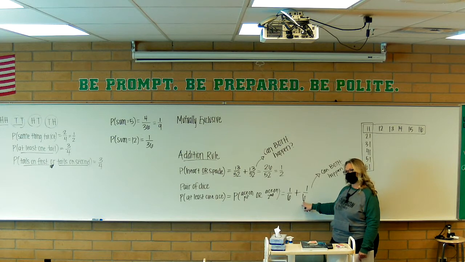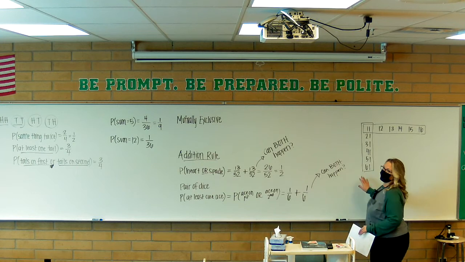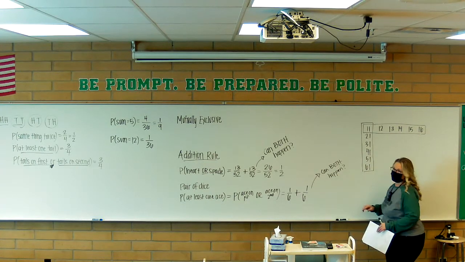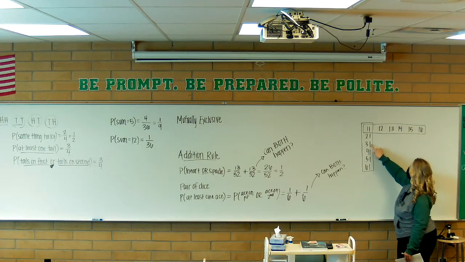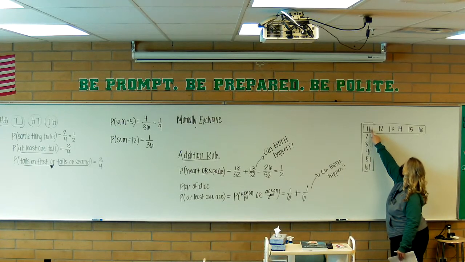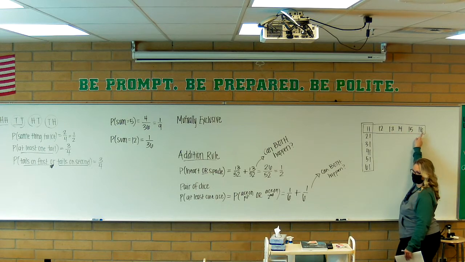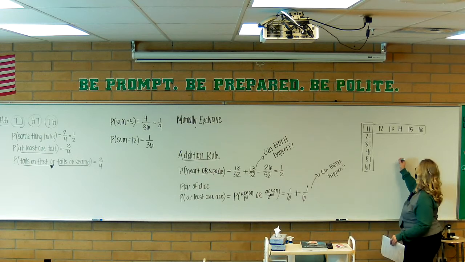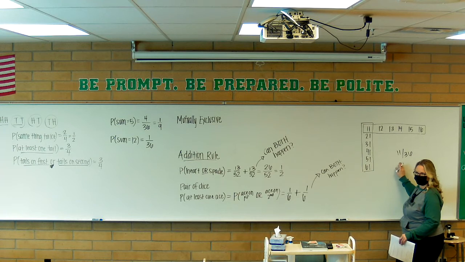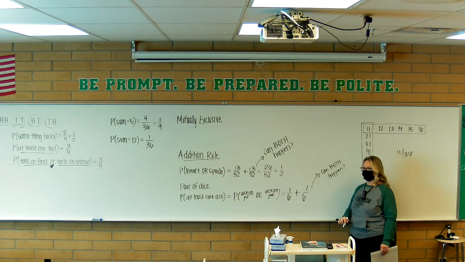So my true answer, really, if I just look at it, of all the things in the layout that have a 1 in them, there are 1, 2, 3, 4, 5, 6, 7, 8, 9, 10, 11 out of 36 that have a 1 somewhere in their combination, right? That should be my answer. If I add those together, I get 12 out of 36.